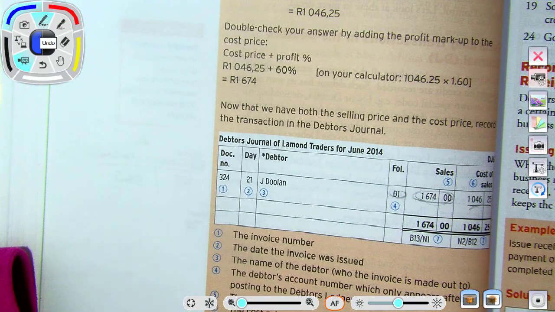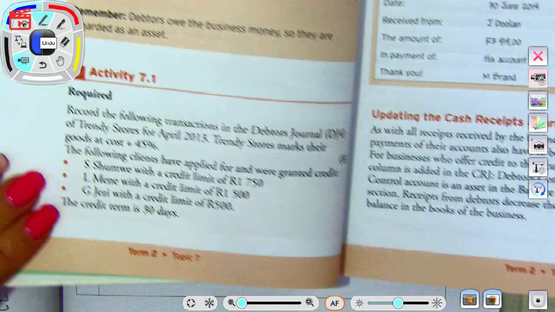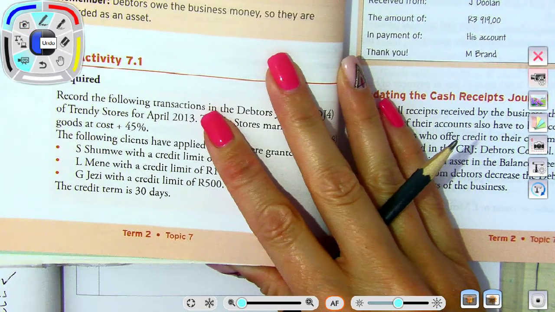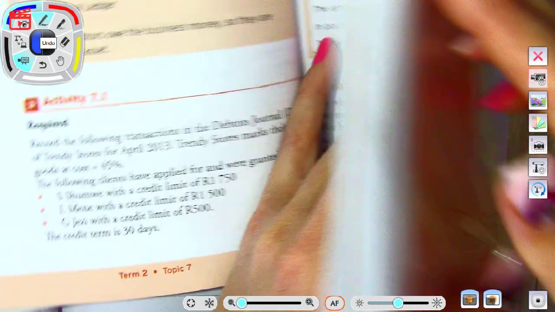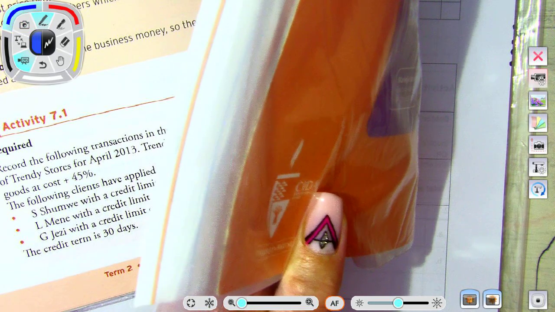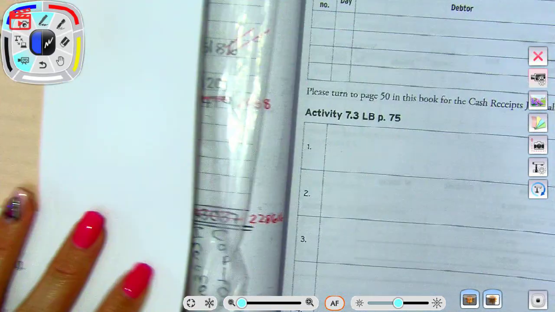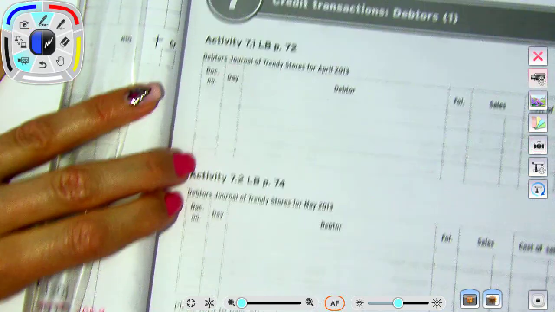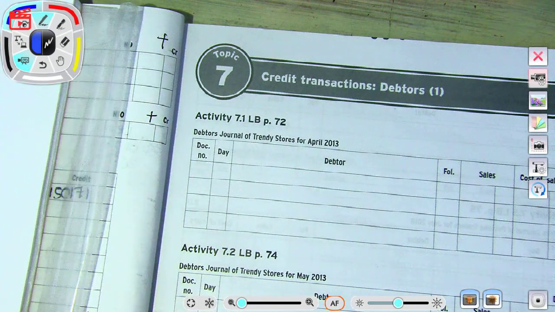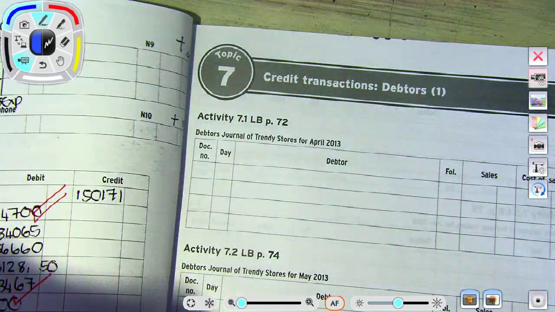All right. So now let's move to activity 7.1. And let's actually try this. Okay, activity 7.1. Page 47 in your accounting books and page 72 in your textbooks, please.